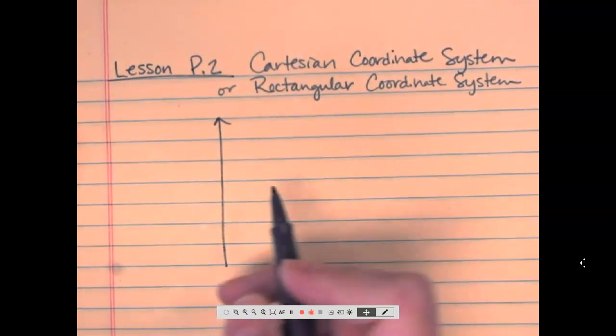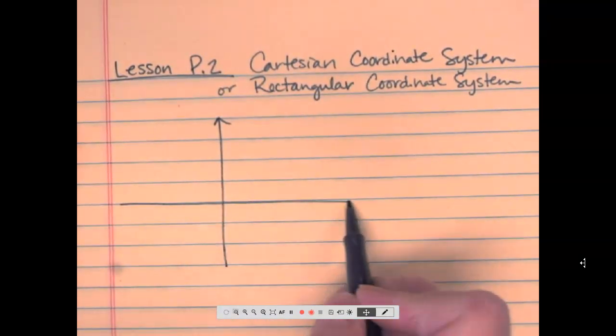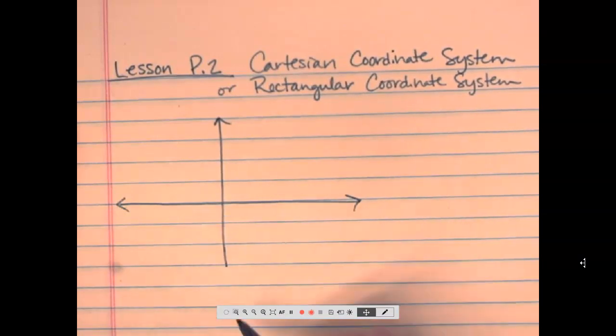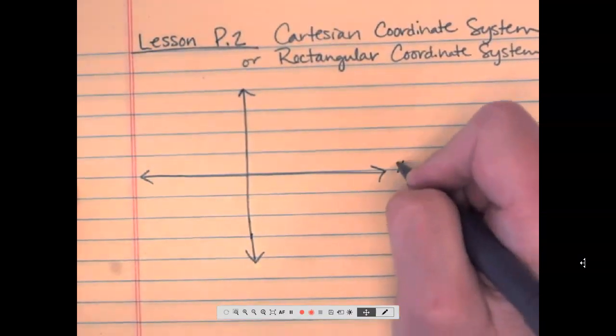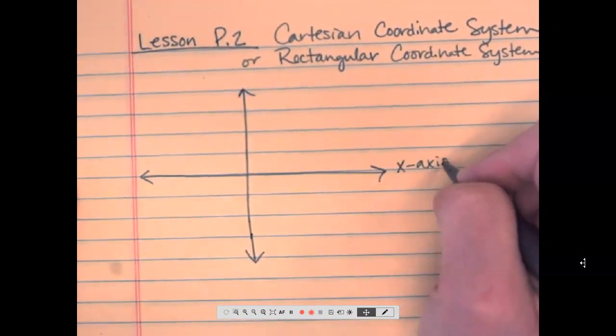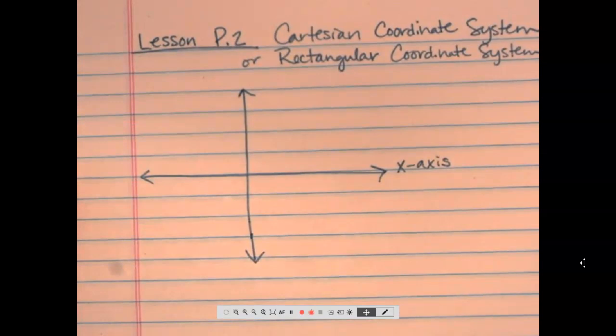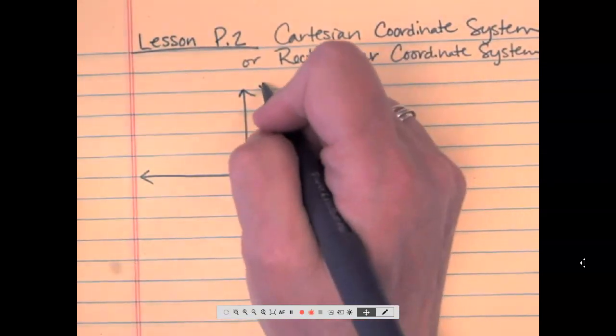If I have a graph, which one is my x-axis? Horizontal. By default, the y-axis must be the vertical.